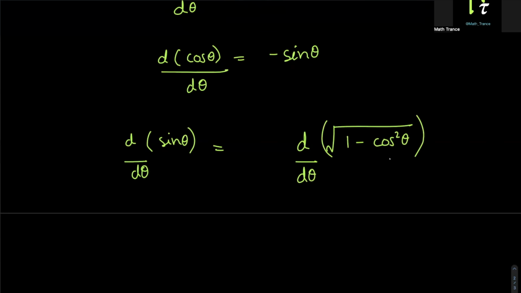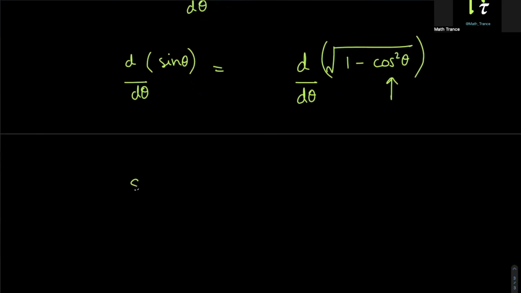But here also you have to differentiate cos theta, right? It is a vicious loop. You cannot solve it this way, or you cannot differentiate the trig identity sine square theta plus cos square theta equals 1. You need to know the derivative of sine theta here and also cos theta here, right? Which is very interlooped.